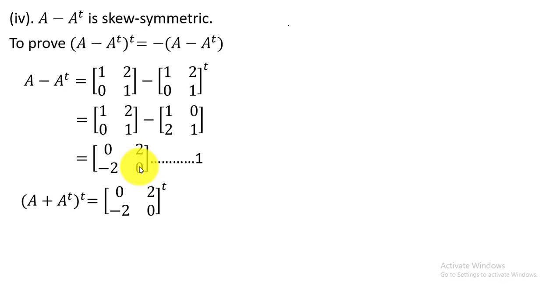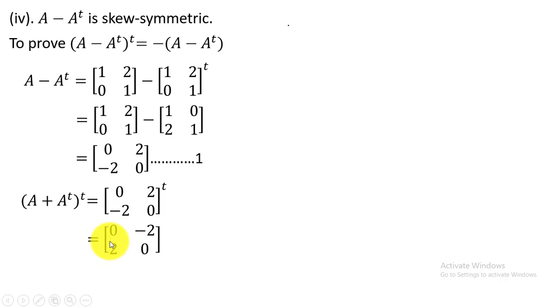Now find A minus A transpose whole transpose. That is equal to the matrix having elements 0, 2, minus 2 and 0. Now take the transpose of that matrix, that is equal to 0, minus 2, 2 and 0.